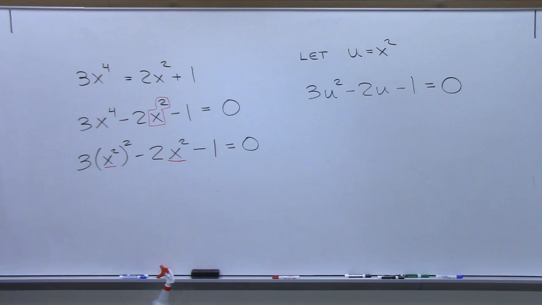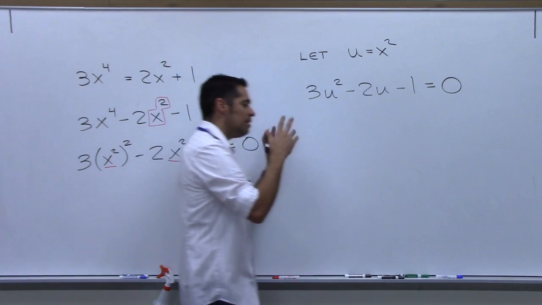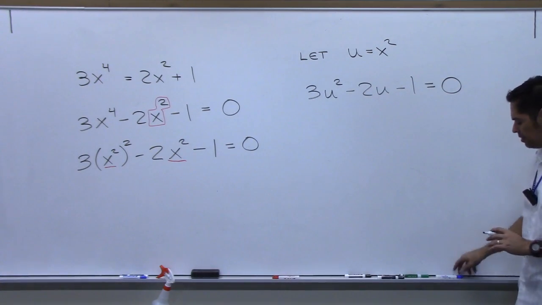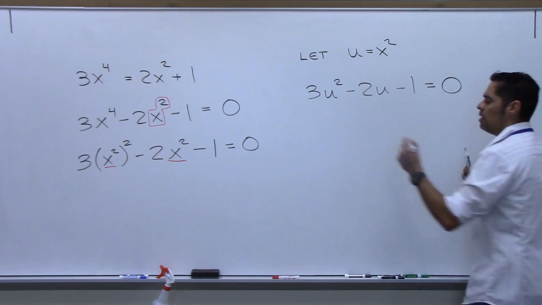Now you're at a quadratic equation. Important thing is that you're in a quadratic equation. Let me write it down so you can see it, because when I say it, it doesn't come out as well.